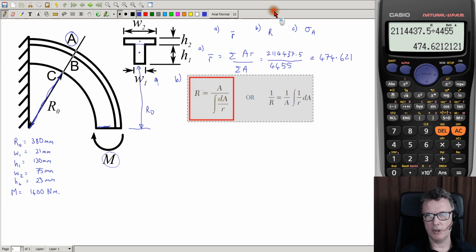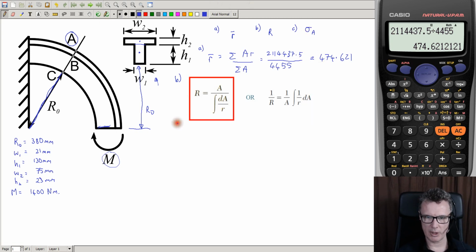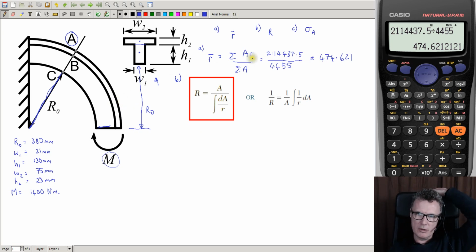So it's this term here. I grabbed this from, can't remember which lecture this is from. Right, so it's the area divided by the integral of 1 over all r. So r is a variable, so all of this radius is integrated over the area. So that's quite tricky.